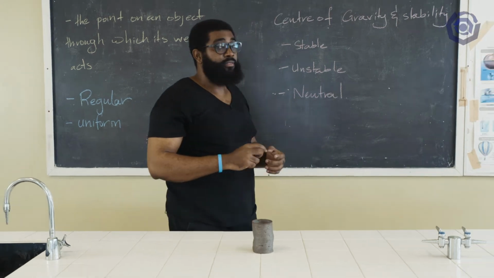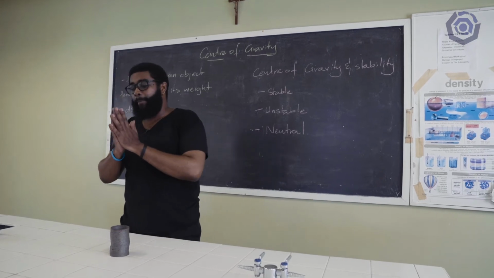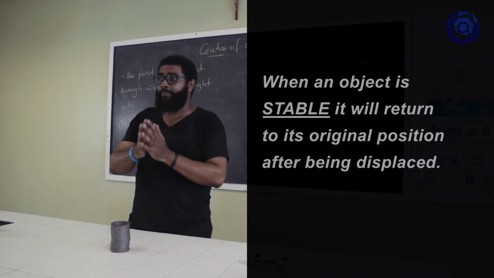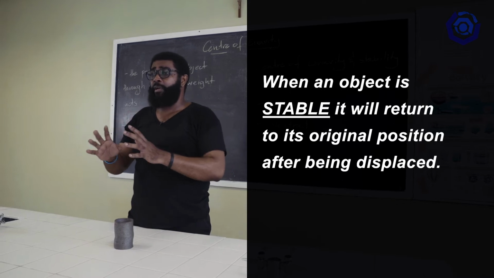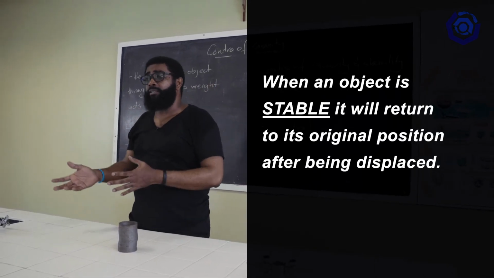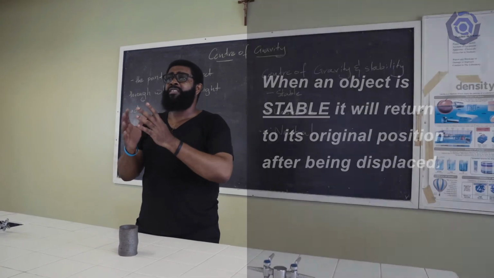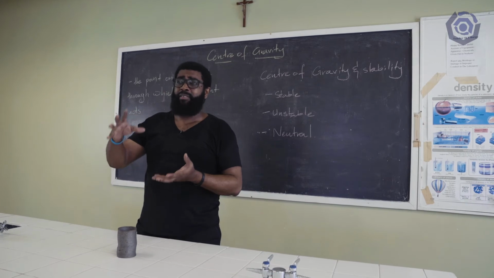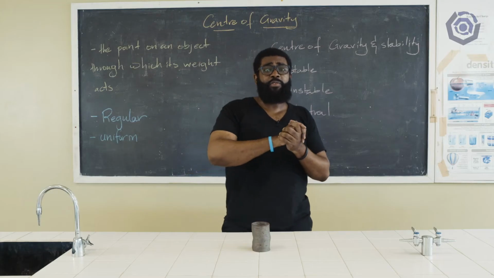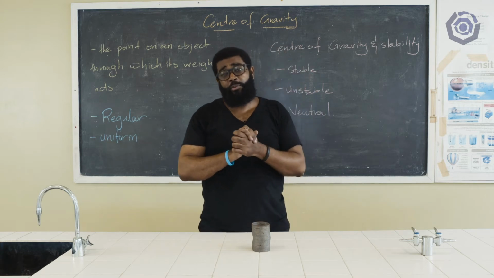We have stable equilibrium. When an object is defined as stable, it means that you can displace it from wherever it is. You can give it a push, and when you stop pushing, it's going to go back to its position before you pushed it. Okay? Classic examples are drums of water, a full barrel or a drum of water. For those of you who never had the experience, nothing beats playing with a barrel full of rainwater.